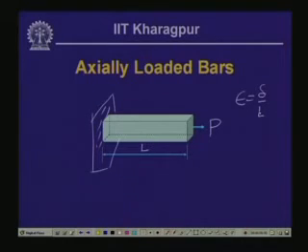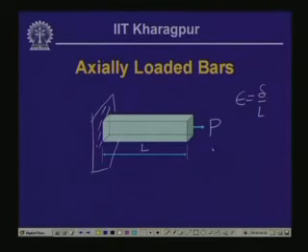We consider that this analysis which we carry out is within the elastic limit of the bar, and as we have seen in the stress strain relationship, within the elastic limit the stress is proportional to the strain, and we can write sigma is equal to E times epsilon.